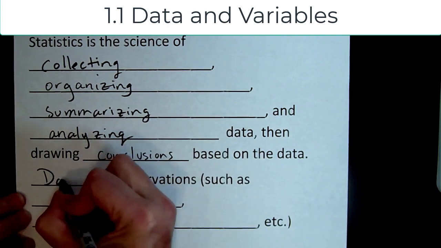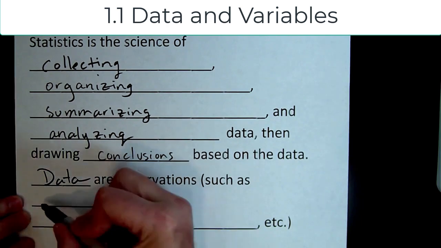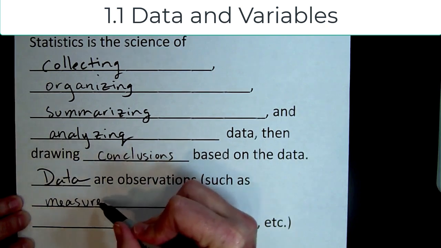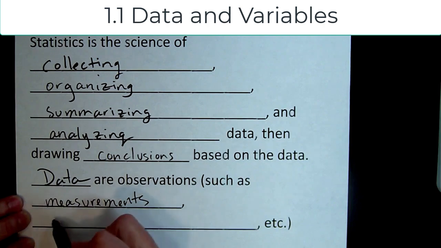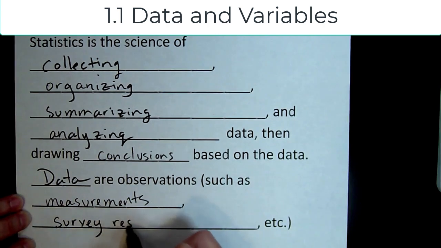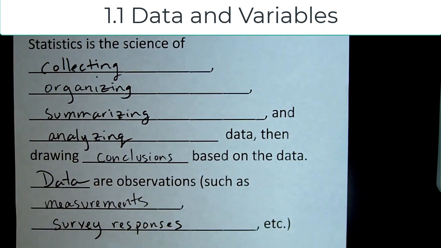Now, what's this word data? Well, data are observations, such as measurements, right? You might measure someone's height, or something like that. Or they could be things like survey responses. So they're observations, meaning information that you collect in some way, whether by measuring or some other way.